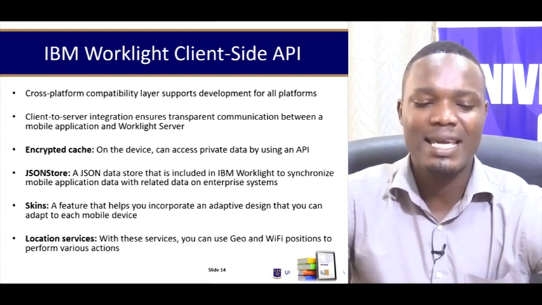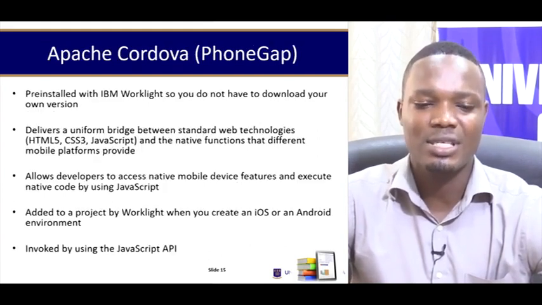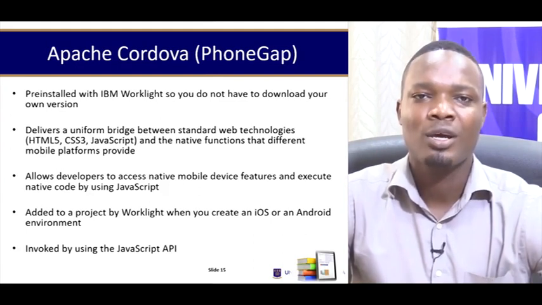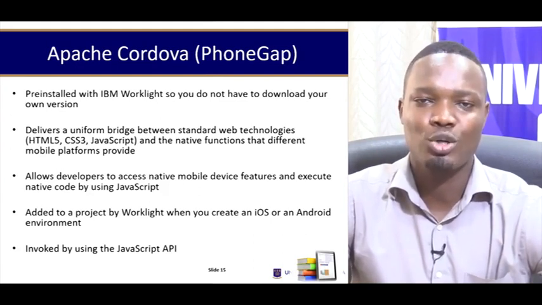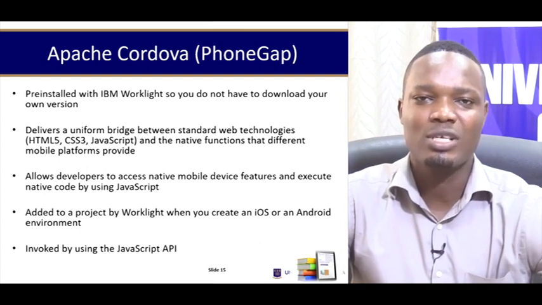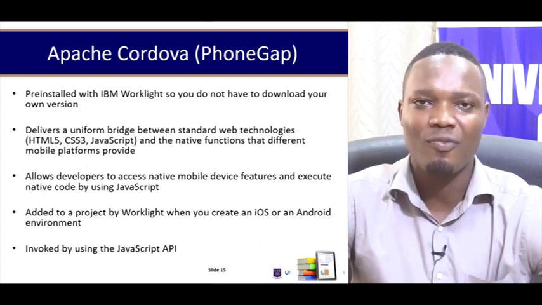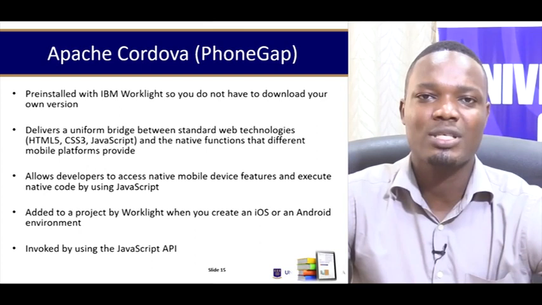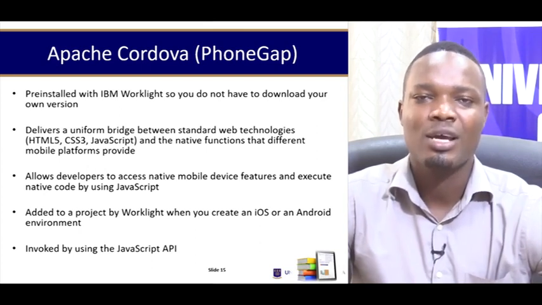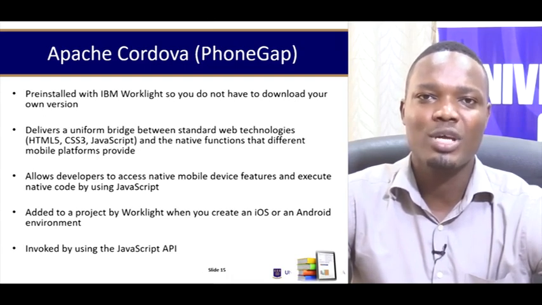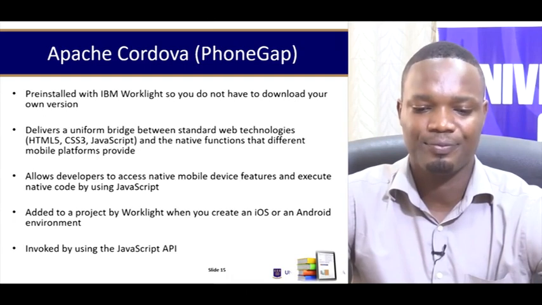We'll also look at skins and location services. We'll also talk about the Apache Cordova, which, like we said, the Worklight is built on top of. Now, this also provides us with some functionalities and utilities. When we discuss Apache Cordova in detail, we'll look at how to even create plugins of our own to integrate our system.